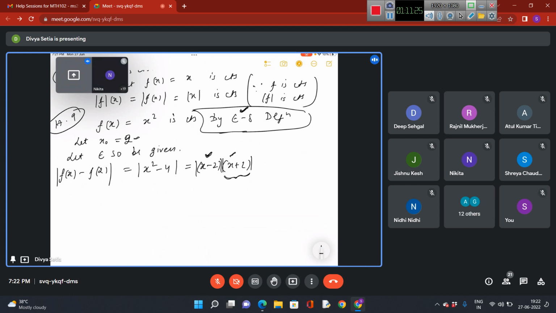That means you haven't started solving problems for continuity. That is pretty clear. Because if you had started, this is the first non-trivial type of problem which you want to solve using the epsilon delta definition.